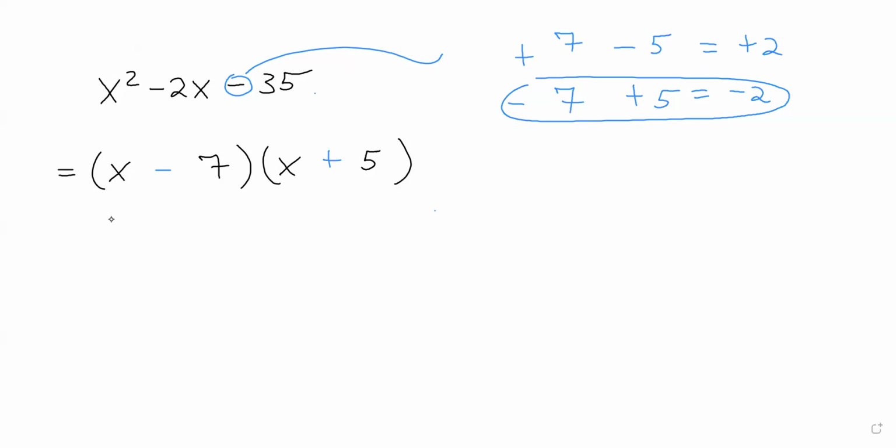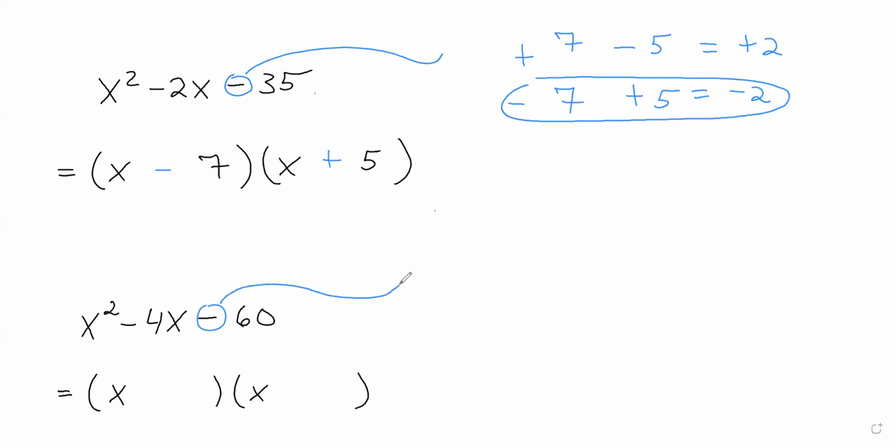Okay, so let's do another example where we have a negative term and then another negative term: x squared minus 4x minus 60. I write it as two sets of parentheses, two binomials. Factors of 60, I'm thinking 30 times 2, 6 and 10. Now I just got to get my signs right. So again, if this is a negative, my combinations of signs should be plus minus or minus plus.